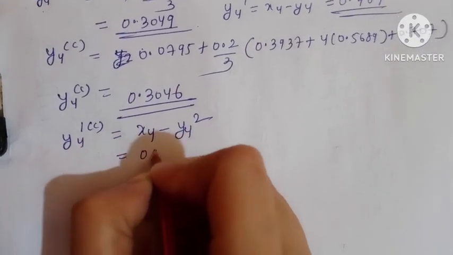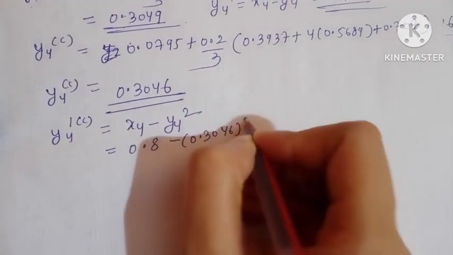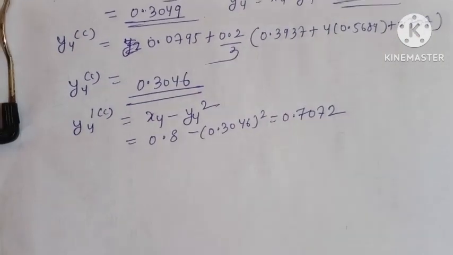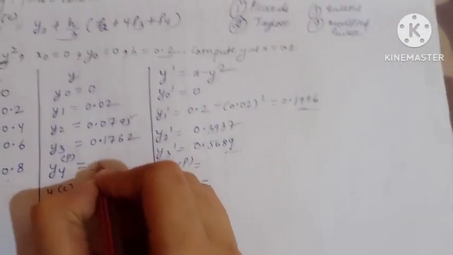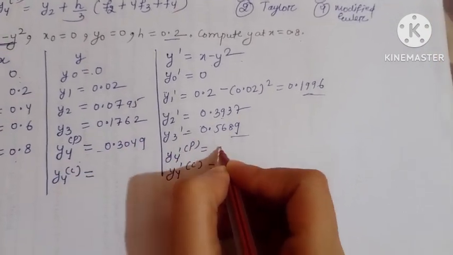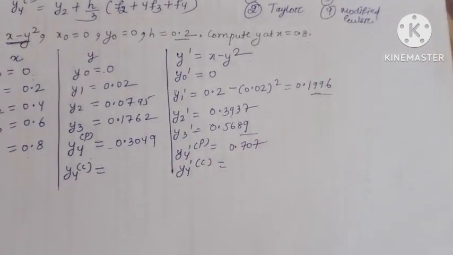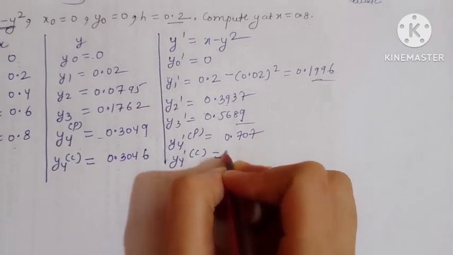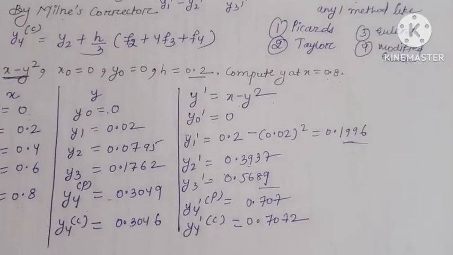So the value is 0.8 minus 0.3046 the whole square, equal to 0.7072. So see, we got Y4 predictor 0.3049 and Y4 dash predictor 0.707. Y4 corrector 0.3046 and Y4 dash corrector 0.7072. So this is our final solution.